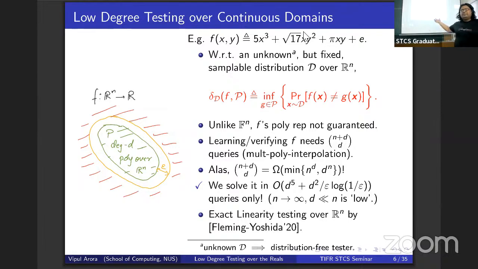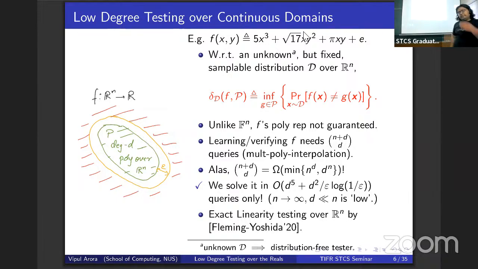So it's BLR, but with sufficient modifications. And I forgot to mention that in a recent submission, we are able to shave off the log 1/epsilon factor as well. So with respect to the epsilon parameter, we are optimal. There is a trivial omega of 1/epsilon lower bound for testing this problem.